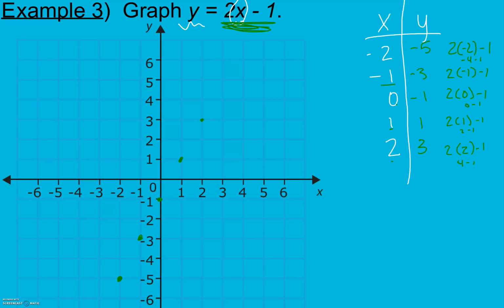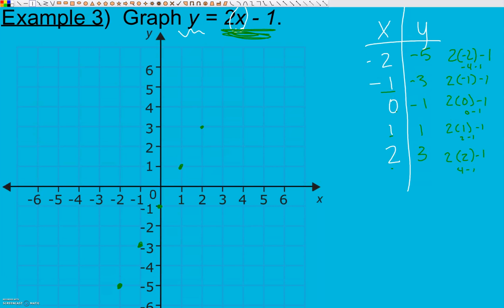Now, I'm going to take a straight edge, like a ruler or the edge of a note card, or some kind of a straight edge. Here I'm just going to use my draw tool. And I'm going to connect those dots. And we want to go as close to right through them as we can.